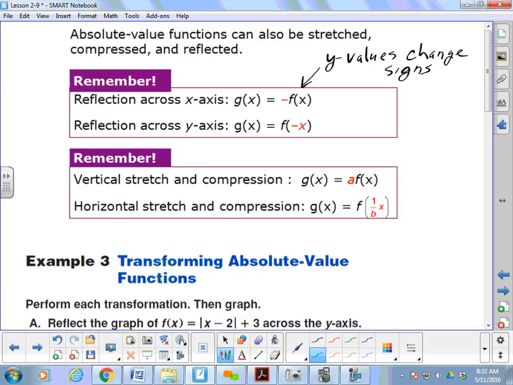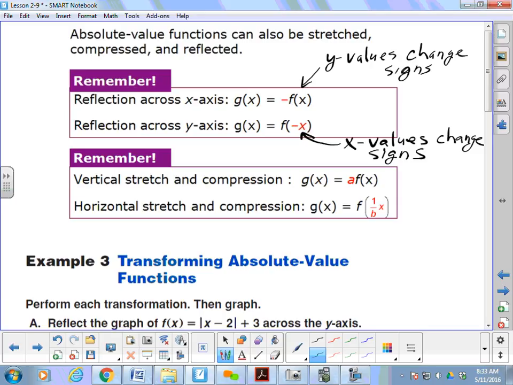Here, this one means the x values change signs. So a reflection across the x-axis, that's a vertical reflection, changing the signs of y.